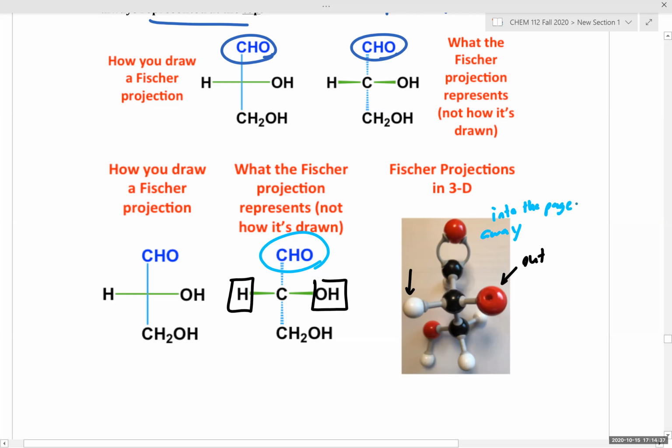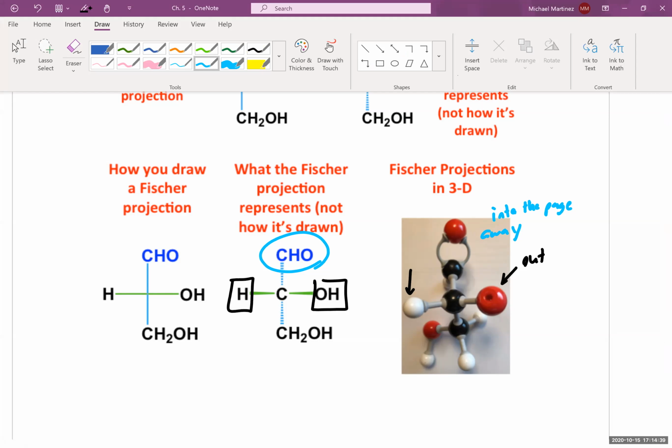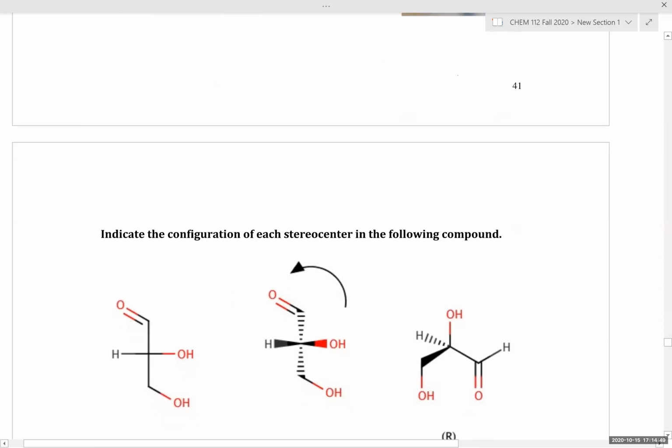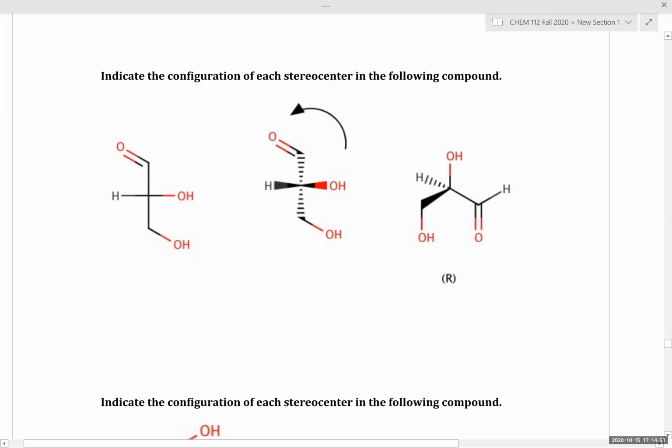Now we can take these Fischer projections and we can convert them to our traditional dash wedge notation. And to do that, we're really going to need to make some models of these structures. So suppose that we are given the following Fischer projection.